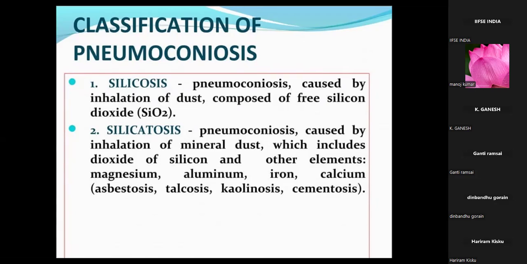Then silicatosis is caused by inhalation of mineral dust, which can include silicon and other elements such as magnesium, aluminum, iron, or calcium. Apart from this, you have other fibers like asbestosis and talcosis, which we'll see in the coming slides. So there are two categories of pneumoconiosis: one based on silica, and the second based on the derivatives of silica.